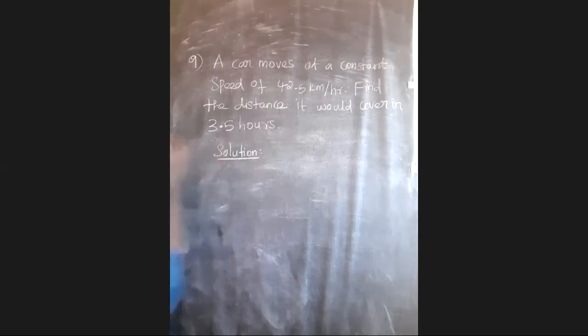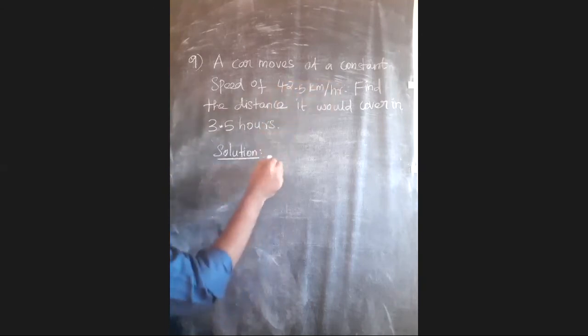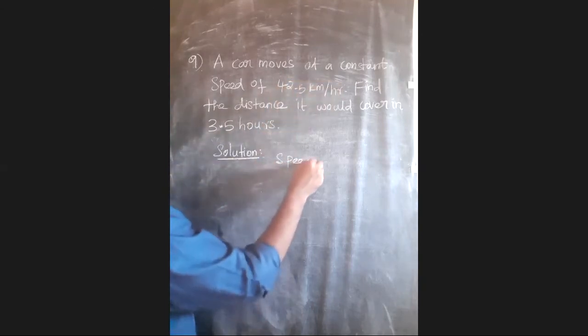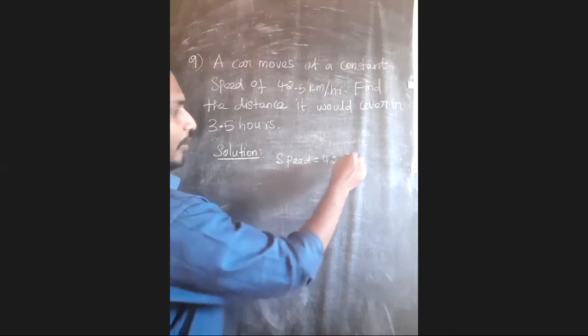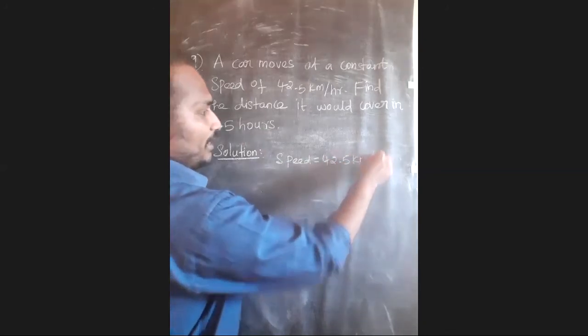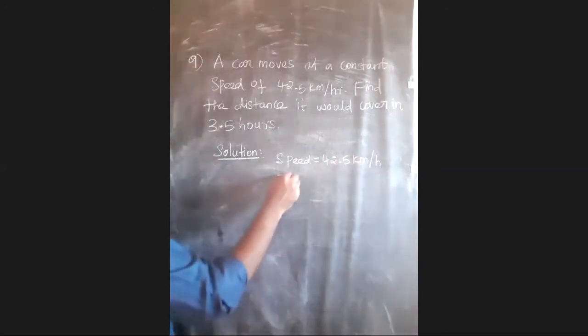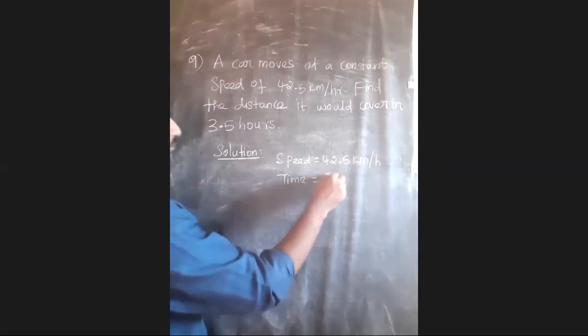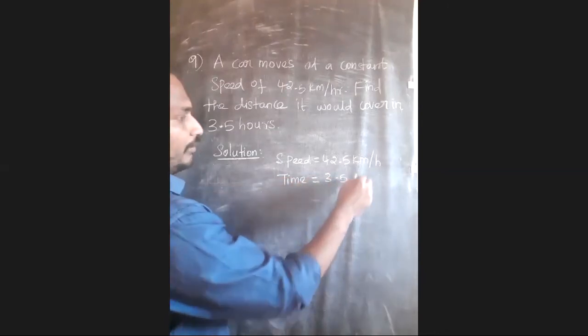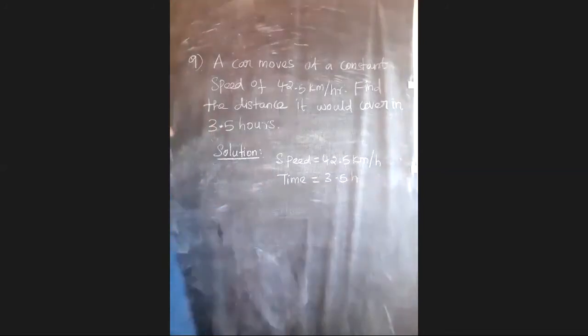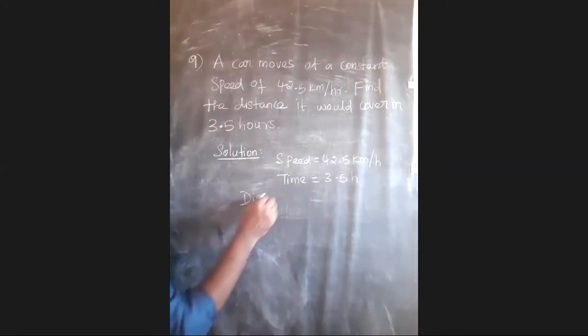Most of your answers are correct, so let me explain the answer. What is your speed? 42.5 kilometers per hour. What is your time? 3.5 hours. Okay. What is your distance?